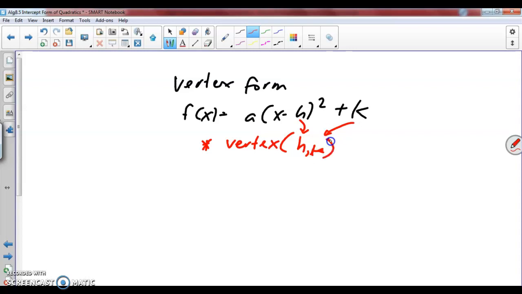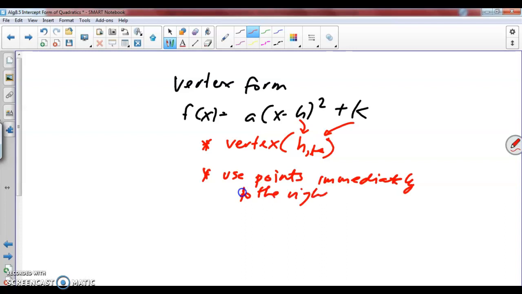Okay, then once you have found the vertex, you have to use points immediately to the right or left of the vertex. There you go.